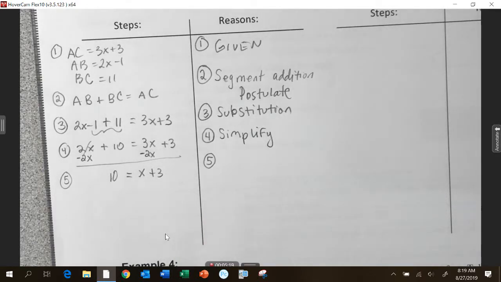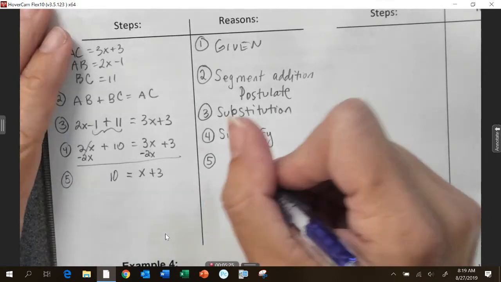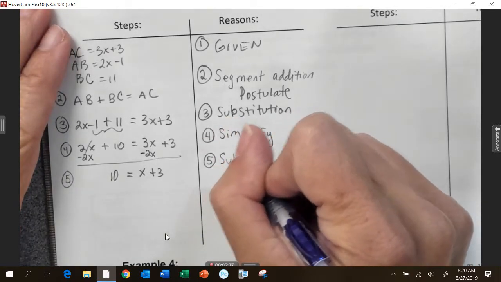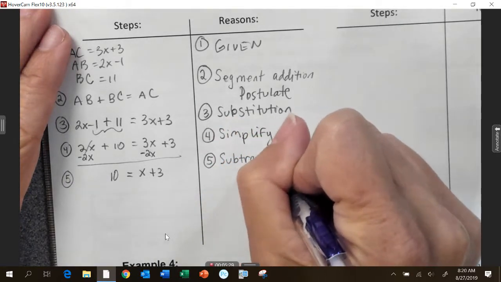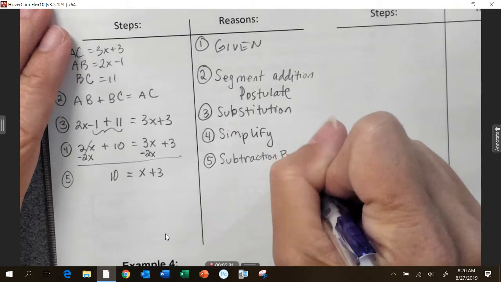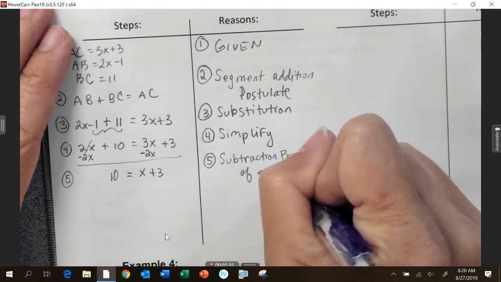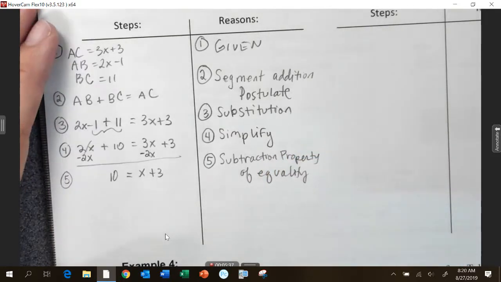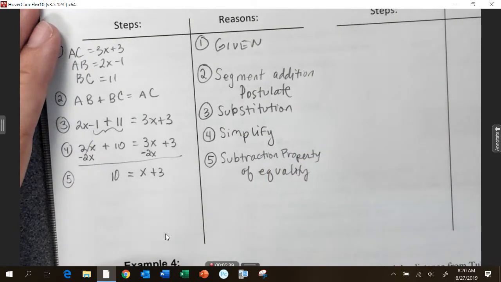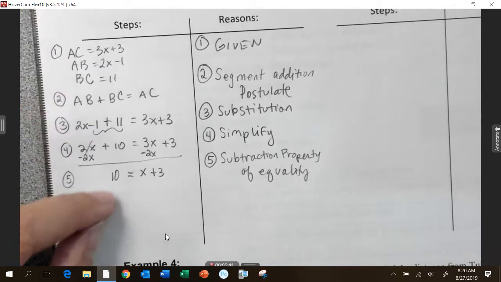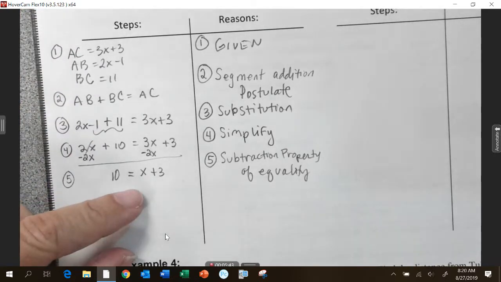Jay, do you know what it is? That was perfect. Thank you. Subtraction property of equality. Okay, so step 5 was subtraction property of equality.